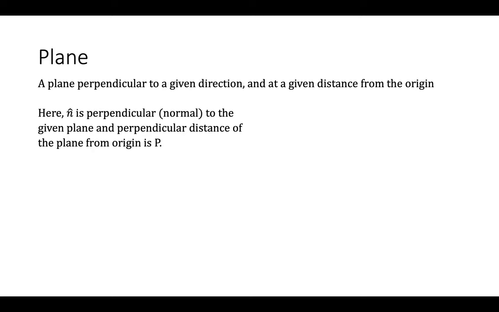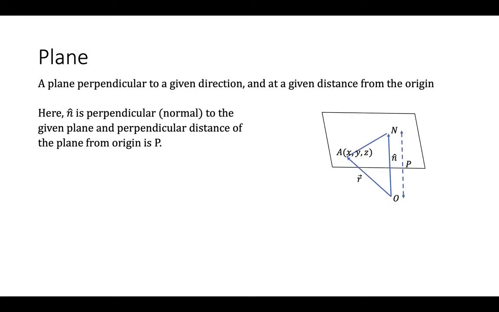Now, plane perpendicular to a given direction and at a given distance from the origin. Here, unit vector n is perpendicular to the plane and the perpendicular distance of the plane from the origin is p.